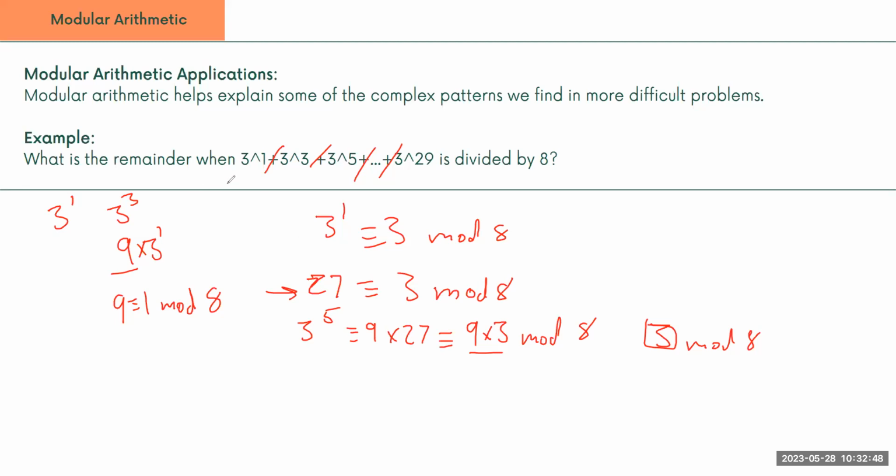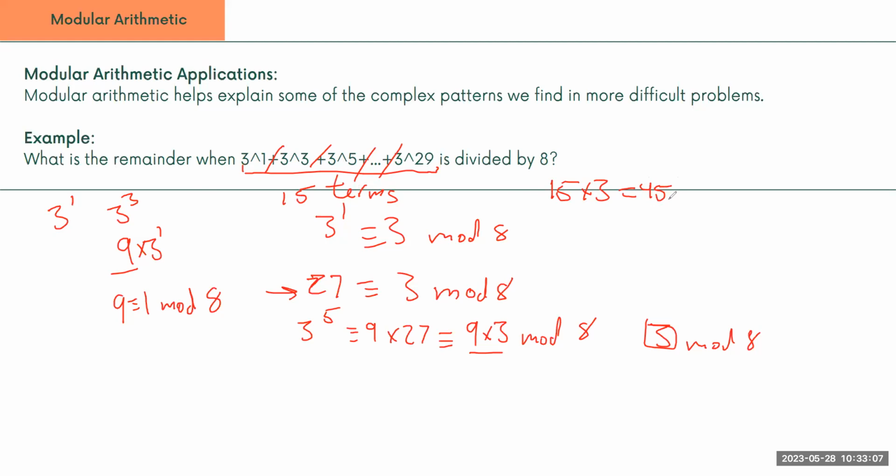So we know that this sequence has 15 terms, and each of these terms provides us with a 3. So we have 15 times 3, which gives us 45.